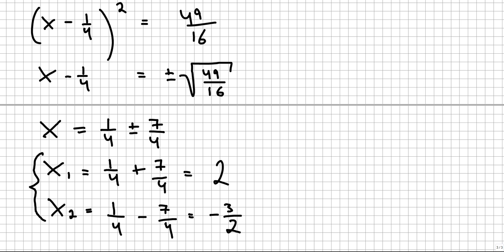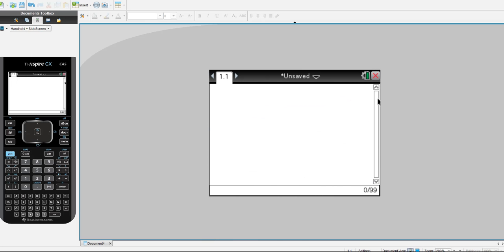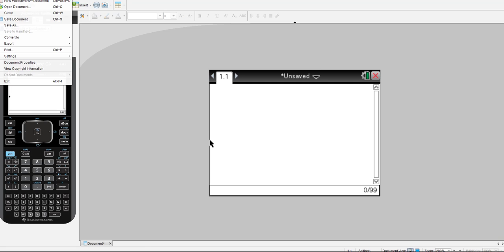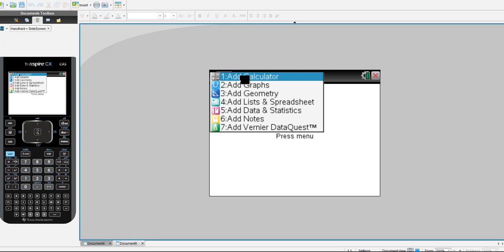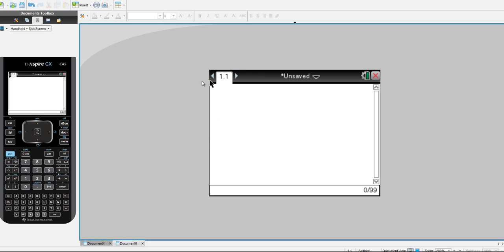And the last thing we're going to do is use the calculator. The easiest thing is just to create a new document, and we add a calculator document. Let's define the function.